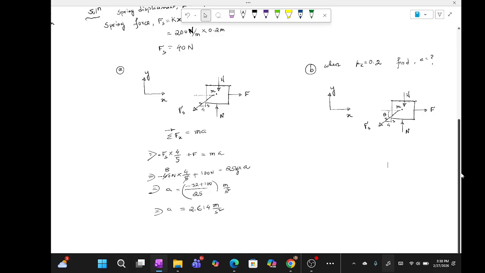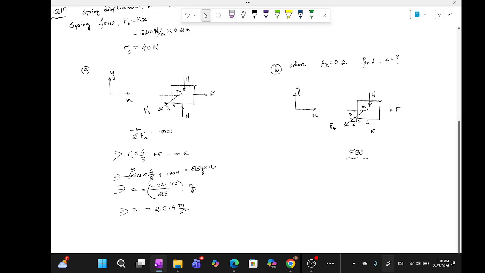Can I use the same free body diagram? Yes, but is it complete? Do I need to put something? I have to put the friction force, right, Brad? So the friction force would be here somewhere. Friction force could be Ff, and it is mu k n.